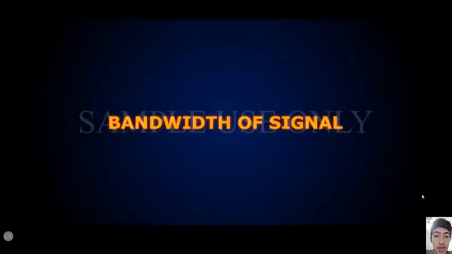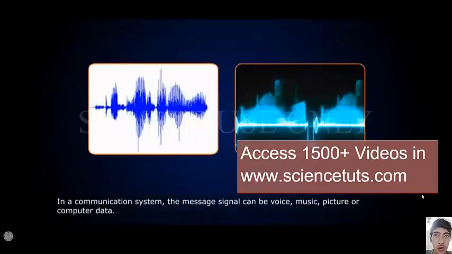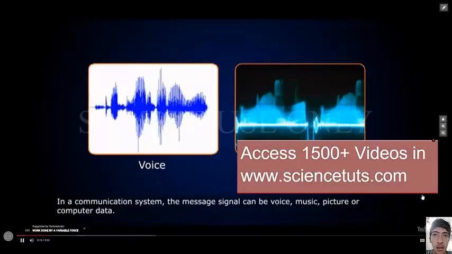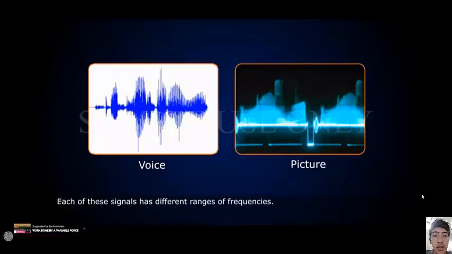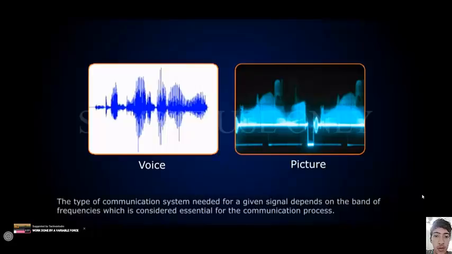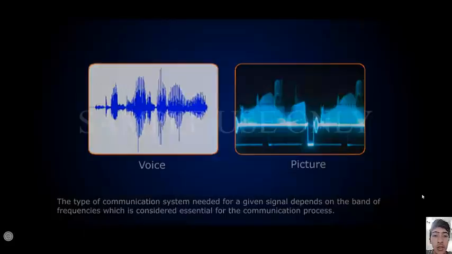Bandwidth of signal. In a communication system, the message signal can be voice, music, picture, or computer data. Each of these signals has different ranges of frequencies. The type of communication system needed for a given signal depends on the band of frequencies which is considered essential for the communication process.